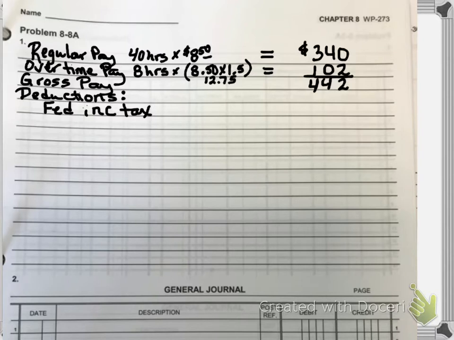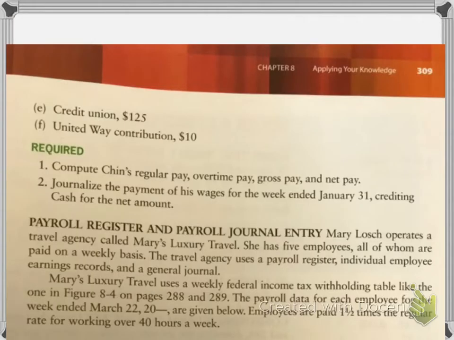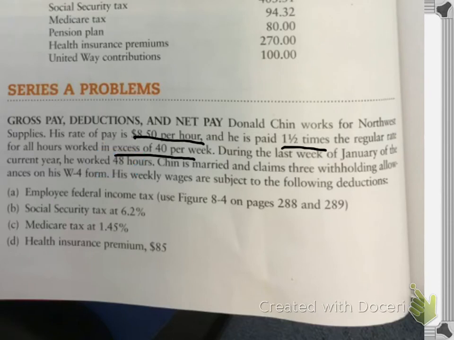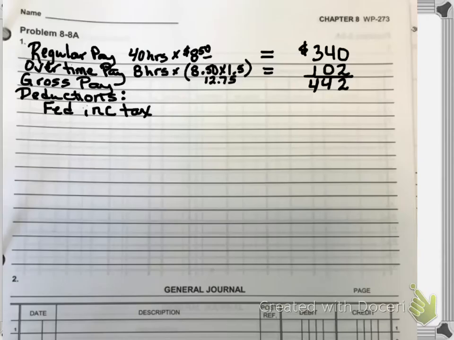What you need to know to determine federal income tax is, first off, marital status. So he's married. You need to know how many allowances, 3 withholding allowances. And you need to know his gross pay. So his gross pay for this week was $442.